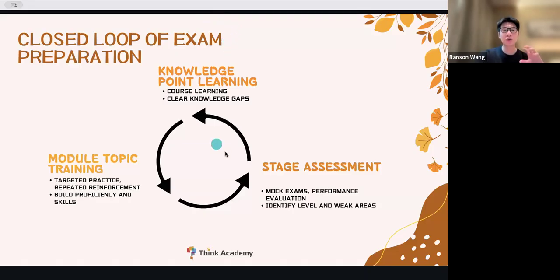If there's still any knowledge gap, there's no way you can get a high score in the MCA. Then you have to dive deeper and more specific, to talk about the module topic training. The module topic training is targeted practice, like repeated reinforcement. At this time, you're specifically talking about geometry, word problems, etc. And under each module, you get to know specific subtopics, and from those subtopics you learn a certain method to solve each type of question.